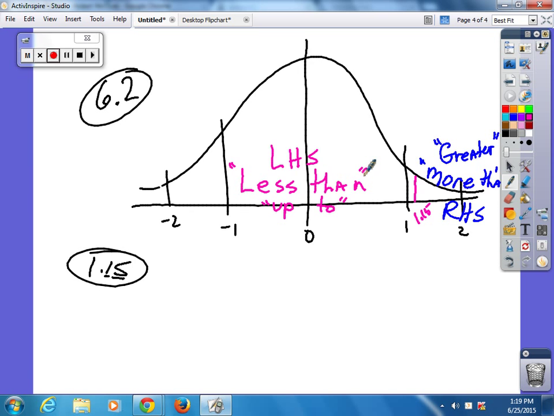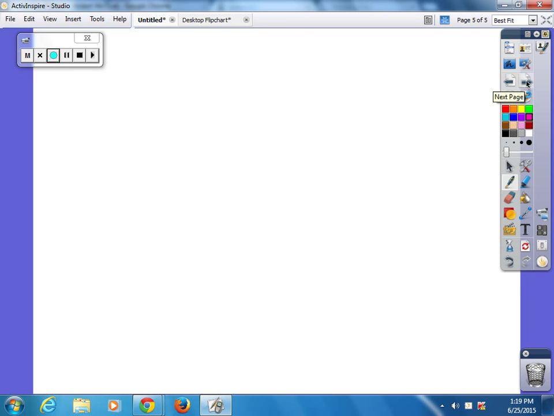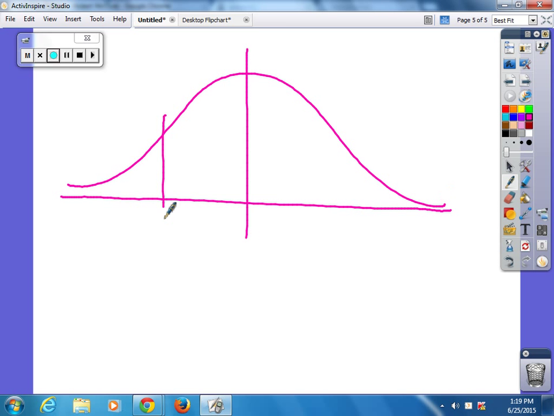Now remember, when you're dealing with areas, if I tell you to find this area right here, you're going to find that area, but there's also another area over here called the complement, which is the right-hand side.